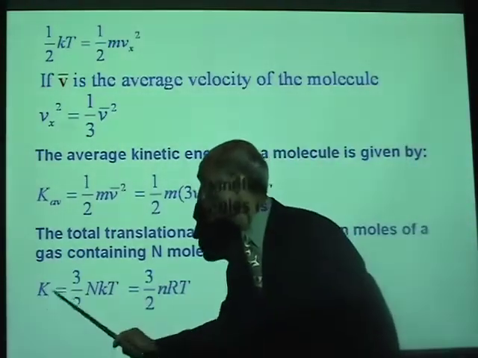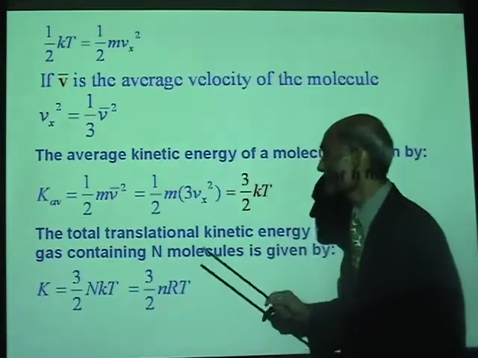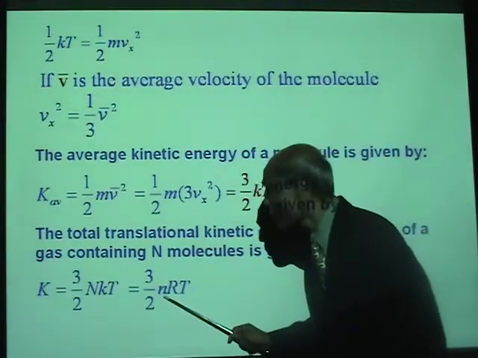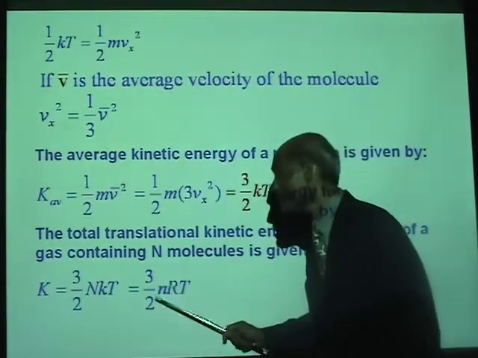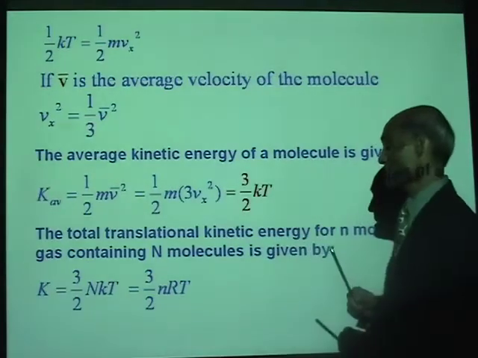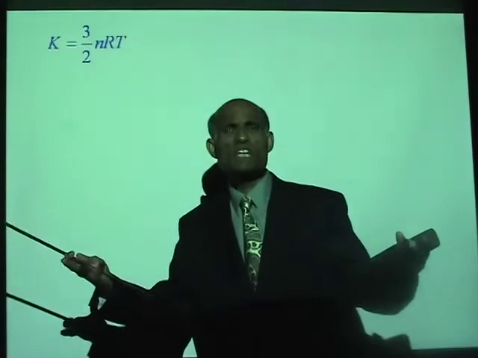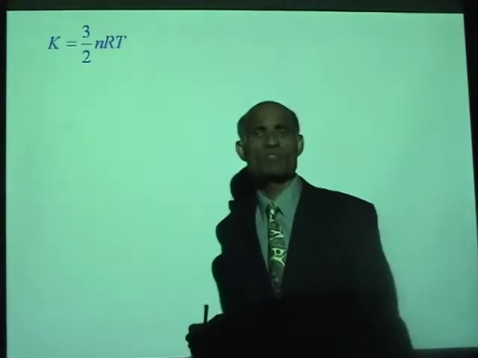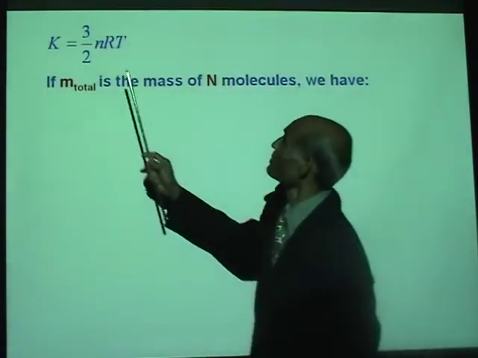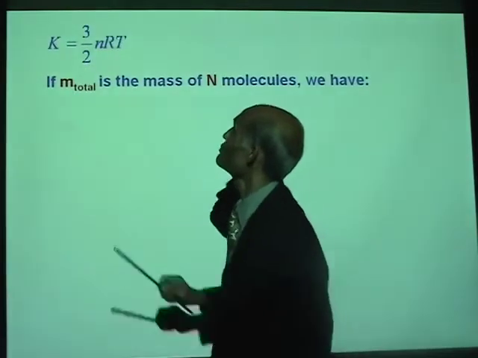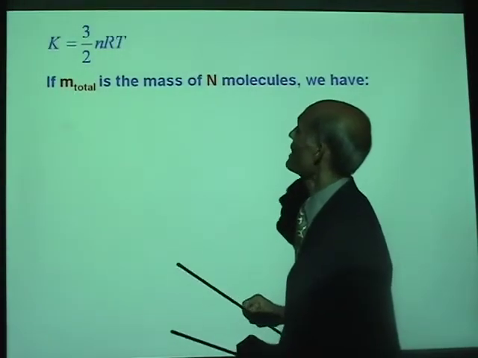So the total translational kinetic energy of n moles of a gas is 3/2 nRT. These are very important results which earned PhDs for many people about 200 years ago. Total translational kinetic energy is 3/2 nRT.